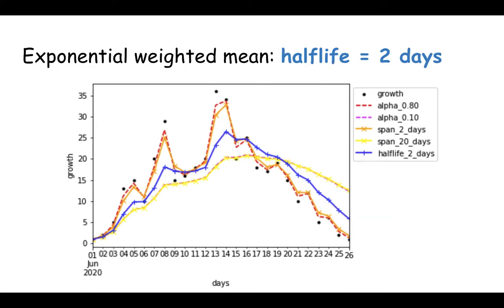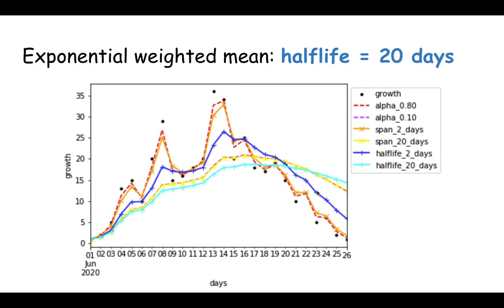Finally, looking at half-life, if we have half-life set at 2, then again there is much noise in the data as shown here in the blue, and if we change that to 20 days, then as shown here in the cyan curve, we can see that the curve is much smoother as compared to the 2 days.